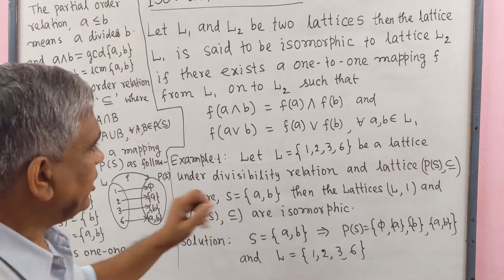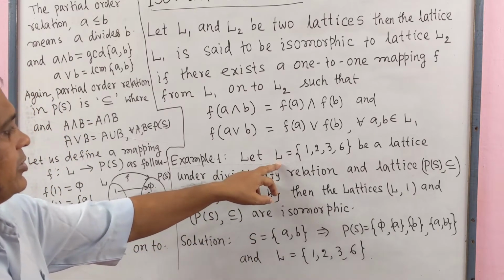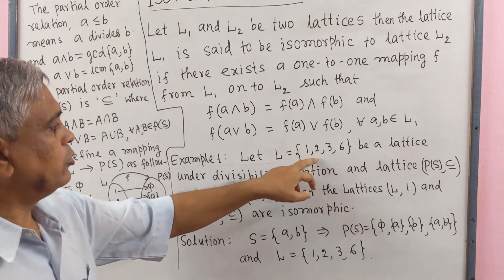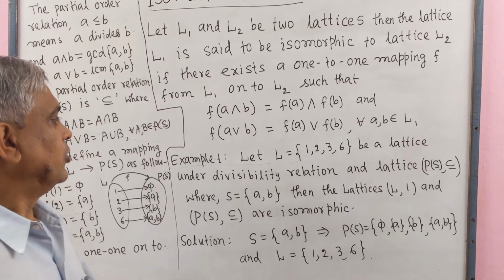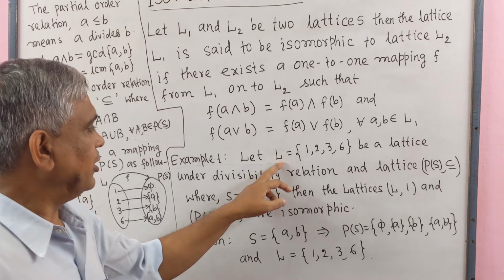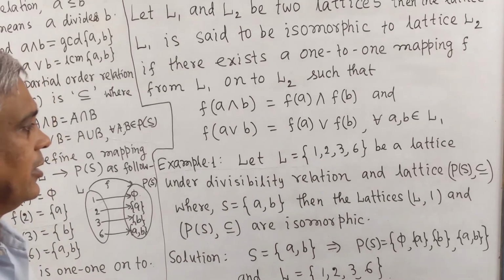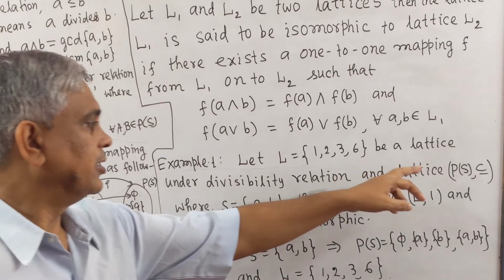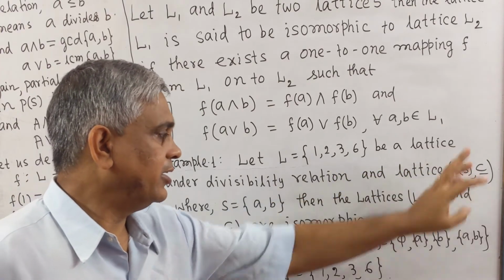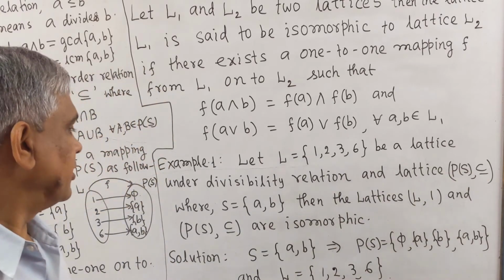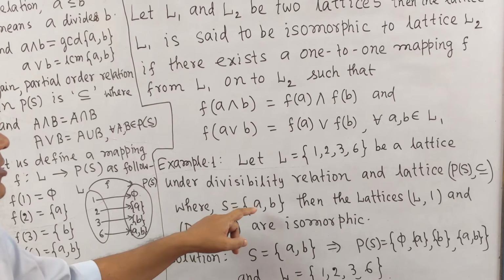Now we give an example. Let L be a set containing elements 1, 2, 3 and 6. This L is a lattice under the divisibility relation, and another lattice is P(S) with partial order relation subset, where S is a set containing elements a and b.